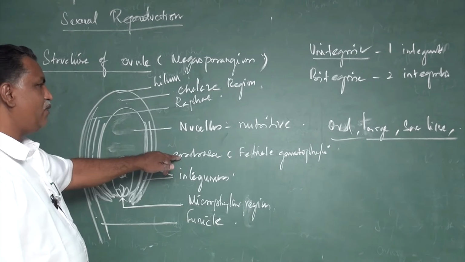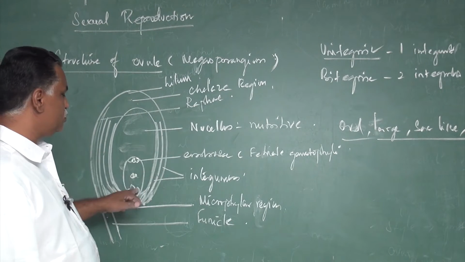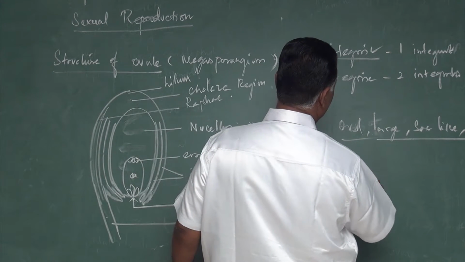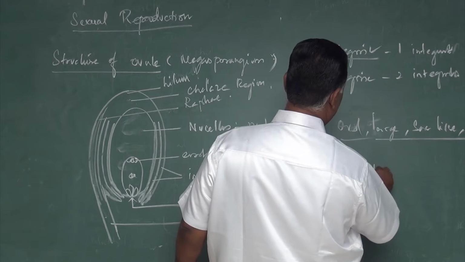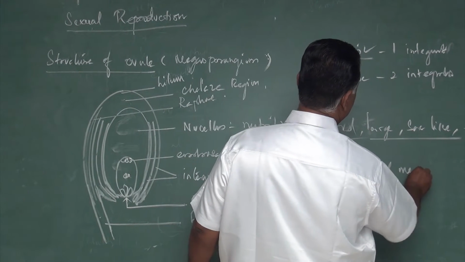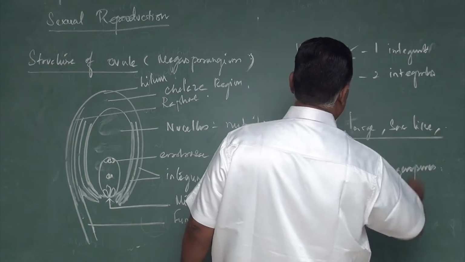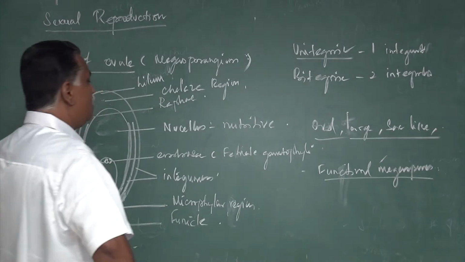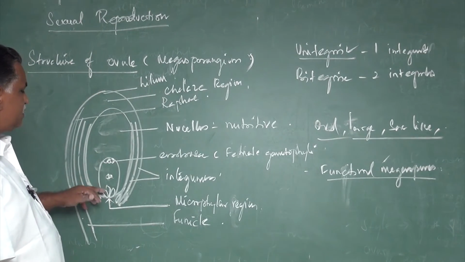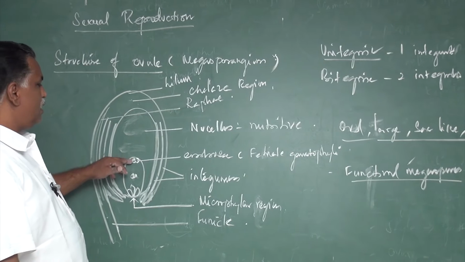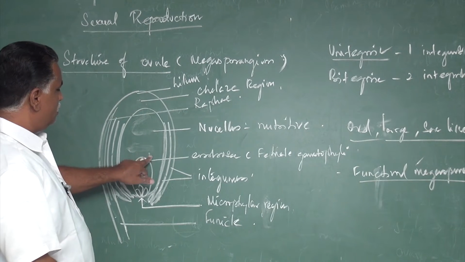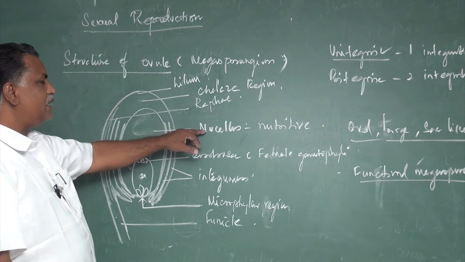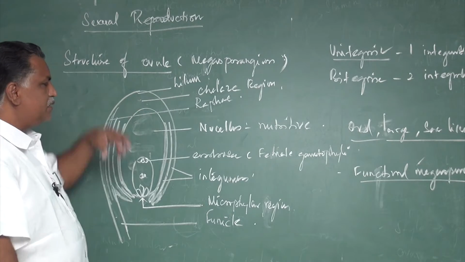The embryo sac is produced from the functional megaspore. The functional megaspore develops into the embryo sac, and the embryo sac possesses the egg apparatus, antipodals and secondary nucleus. The function of nucellus, as I said earlier, is nourishment.